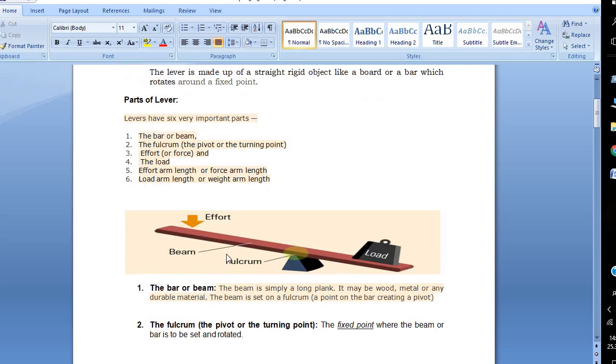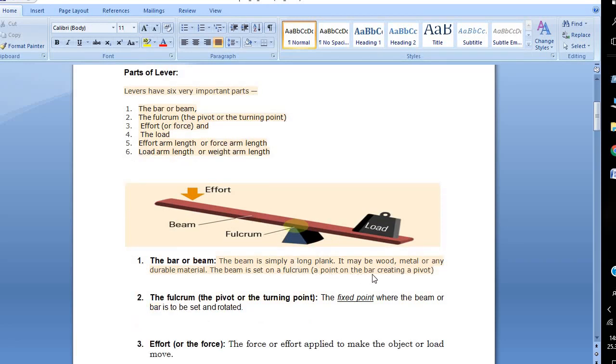Now we are going to discuss the definitions. The bar or beam. The beam is simply a long plank. This is called the plank. This is the beam, and it may be wood, metal, or any durable material. The beam is set on a fulcrum, the fixed point, creating a pivot.